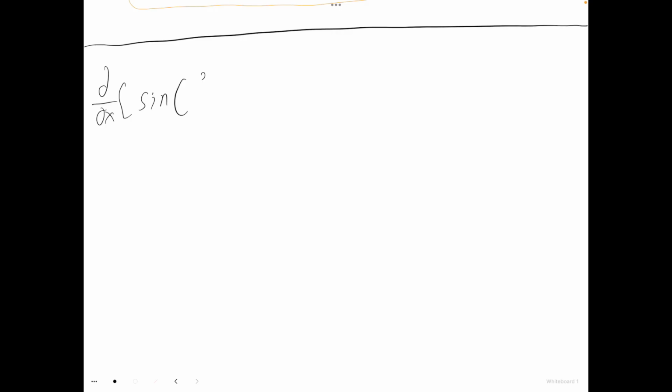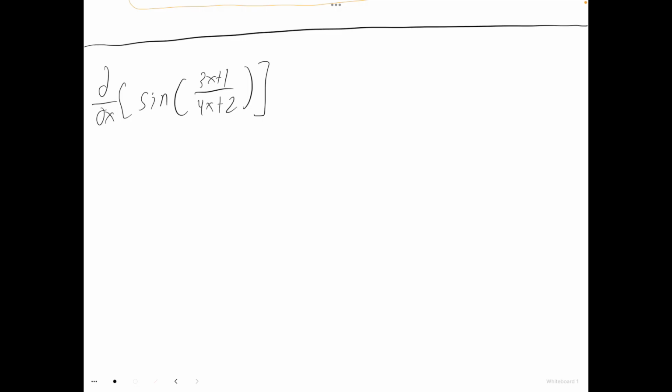So now we want to look at one final example. And so we want to take the derivative of sine of (3x plus 1) divided by (4x plus 2). Okay? So we want to compute this derivative of sine of (3x plus 1) over (4x plus 2).